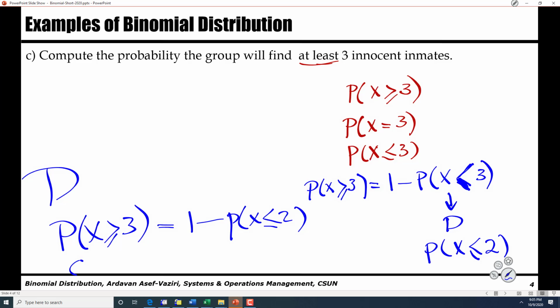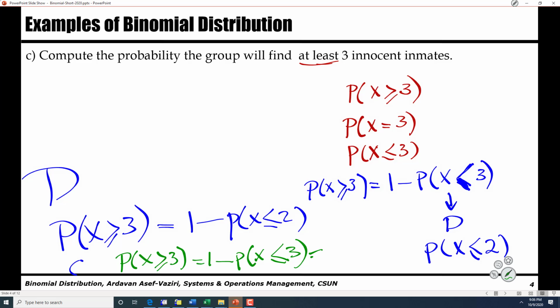If it was a continuous probability distribution, because the probability of x equal to 3 is 0, then the probability of x greater than or equal to 3 would be 1 minus the probability of x less than or equal to 3. Why?